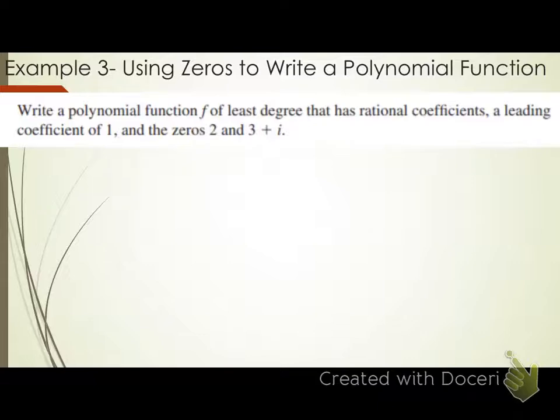So I know because the coefficients are rational and 3 plus i is a 0, 3 minus i must also be a 0 based on my complex conjugates theorem. So if 3 plus i is a 0, I know that 3 minus i is also a 0 because that's its complex conjugate. And that's what the complex conjugate theorem says.